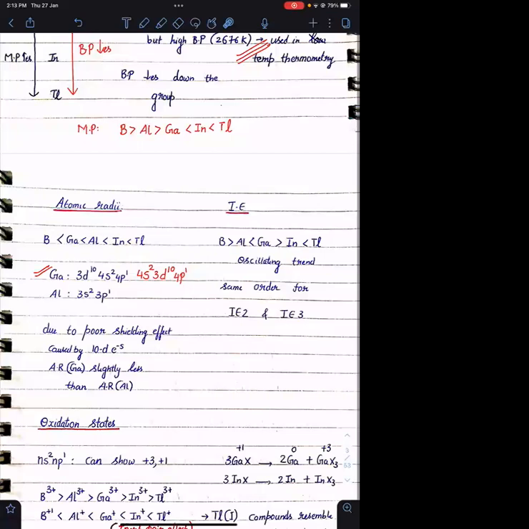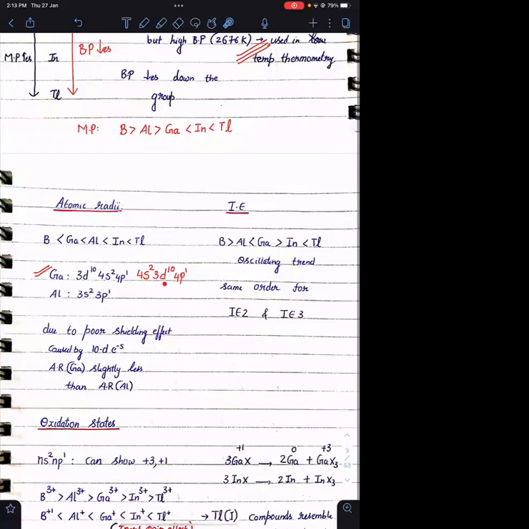Based on the number of shells, what can you comment on size of aluminium and gallium? Aluminium has to be smaller in size when compared to gallium because aluminium is having the outermost shell as 3, gallium is having the outermost shell as 4. But based on Z star, in case of gallium, just before this 4th shell, you have filled 10 electrons in the D subshell.